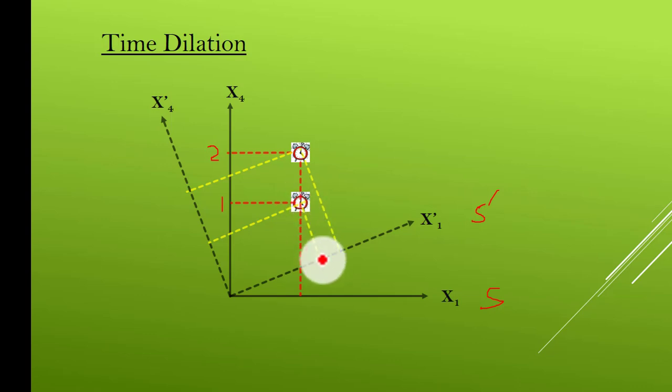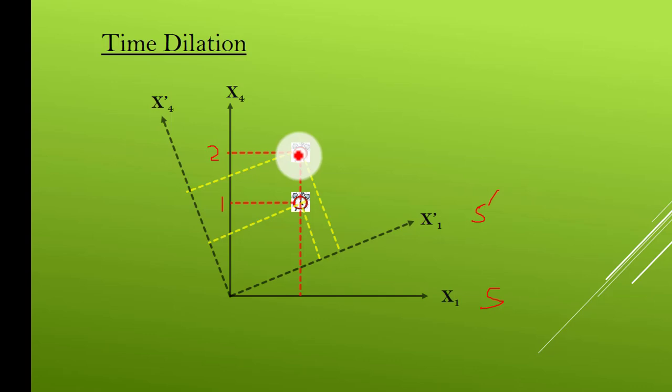So its position in this frame of reference is represented as this. We have drawn a perpendicular. Suppose the clock was kept at this position. After 1 minute, its position is going to change in this frame of reference, so I am representing its position here.